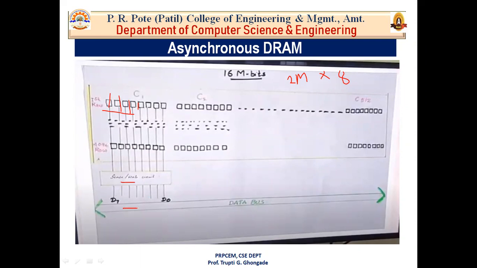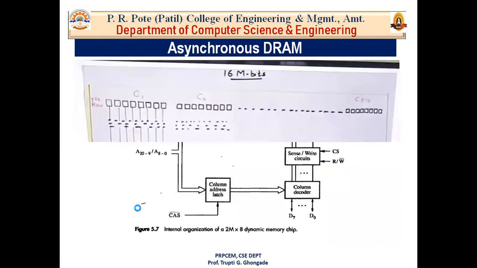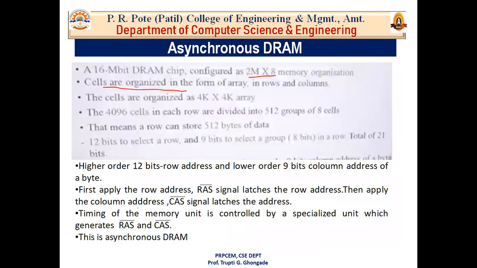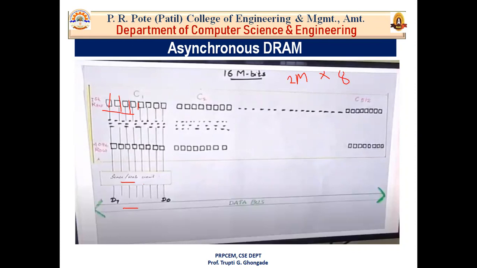Just to explain what happens with the address lines, let's consider you have 21 bits in the address line.